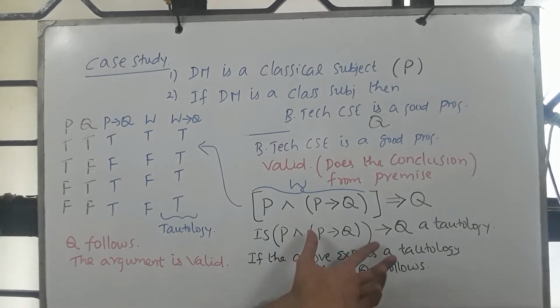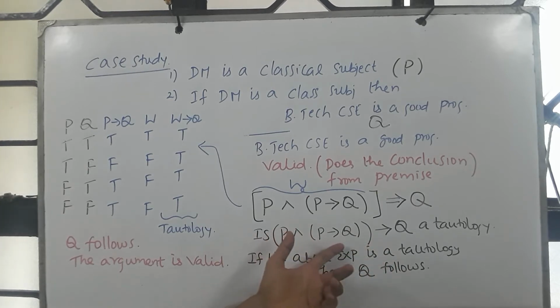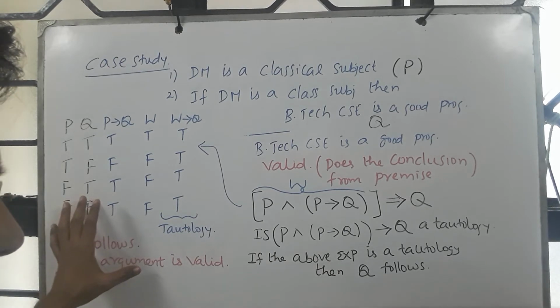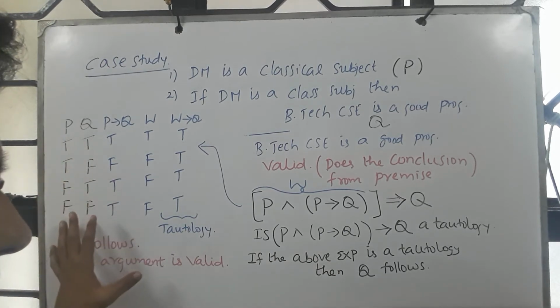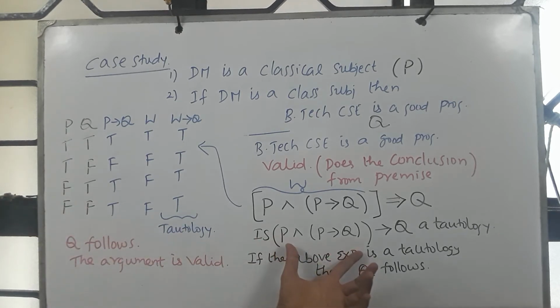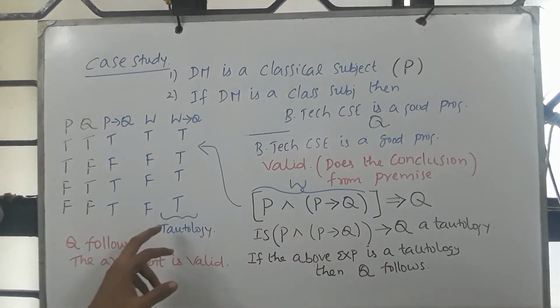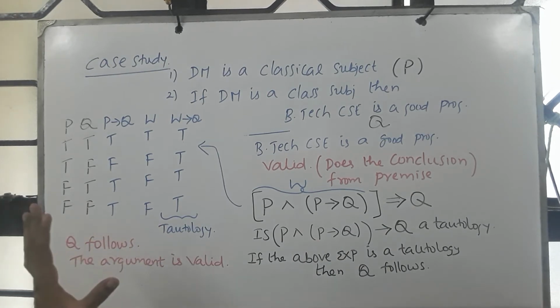So simply take that expression and see how many variables are appearing. If there are k variables, p, q, r, s and so on, create a truth table with 2 power k rows and evaluate the expression. If it turns out that for all 2 power k rows, the last column, which is precisely the expression itself, evaluates to true, you say the argument follows.